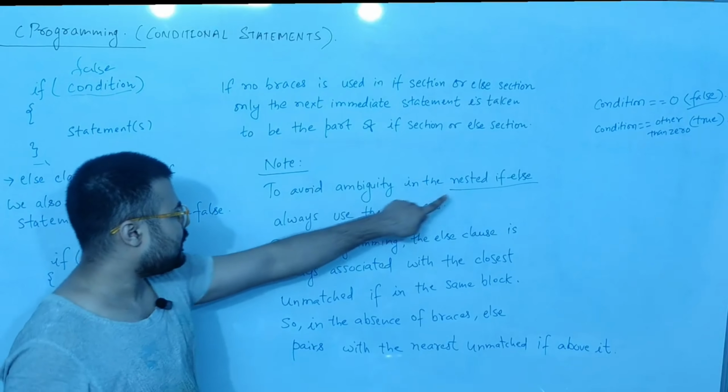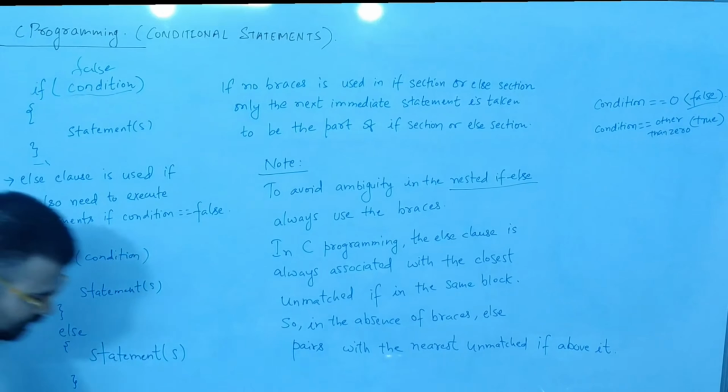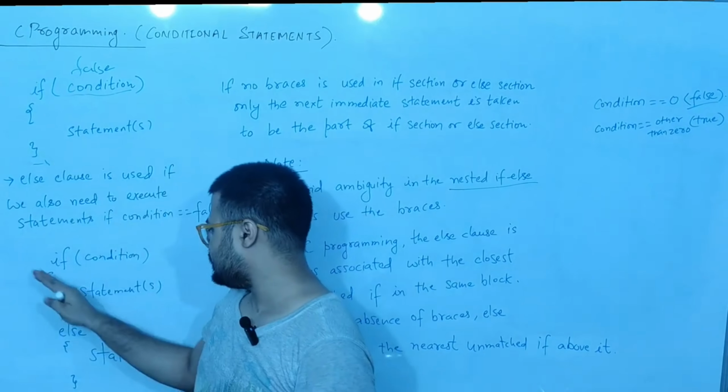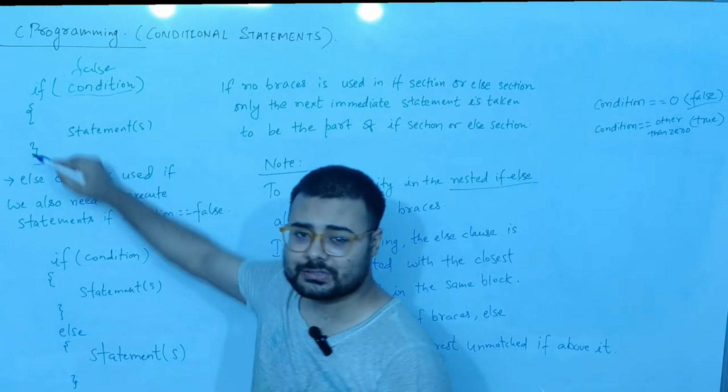To avoid ambiguity in the nested if else, always use the braces. As you can see, this is your if block and this is your if else block, and the blocks are enclosed by braces, right?